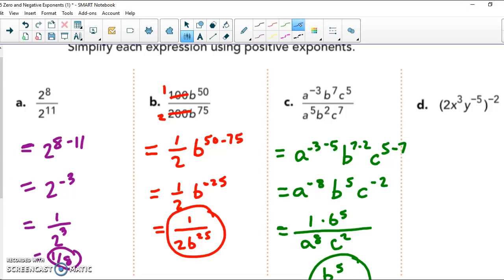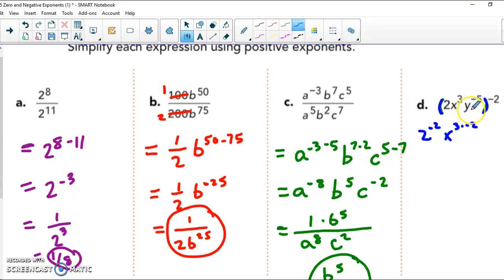All right, letter D. I notice right off the bat I have parentheses, and that's significant because that means I have to apply this exponent to each part of this expression in here. So I'm going to do 2 to the negative 2nd power times x to the 3. Now here I'm doing power of a power, so 3 times negative 2.